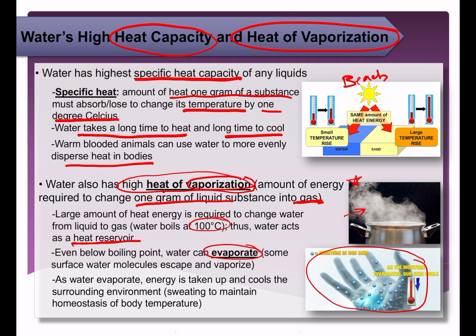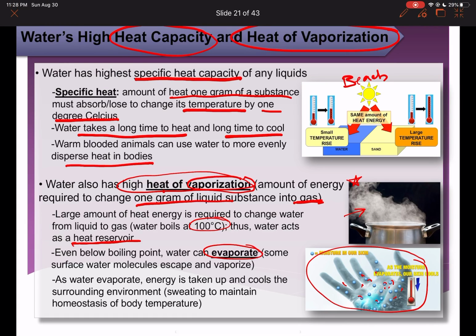Having those little droplets of water all over the surface of our skin allows the liquid to trap some of that heat from our bodies, and when the sweat evaporates, it also takes heat along with it, ultimately achieving that cooling of our body. So that's why sweating is a natural way that our body can maintain homeostasis of body temperature.